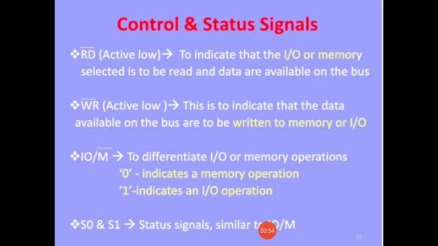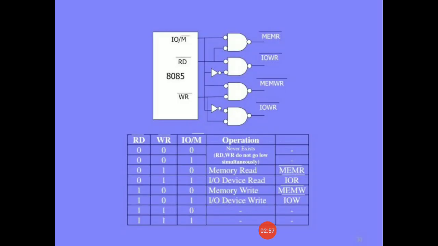Here I have drawn a table showing how RD bar, WR bar and IO/M bar work in combination. As you can see, in the first two rows RD bar and WR bar are both low simultaneously, but both can't be low simultaneously.